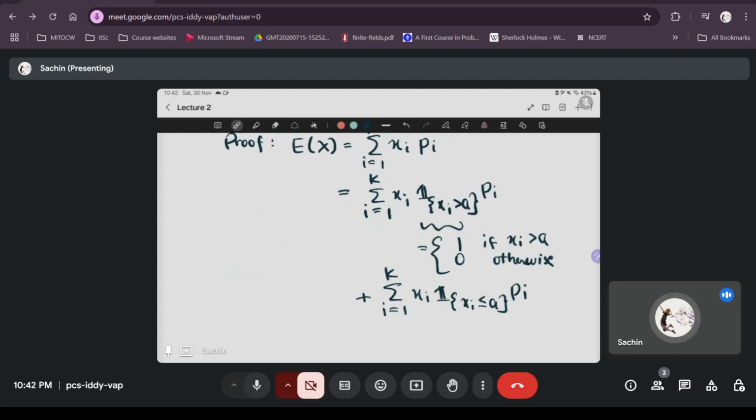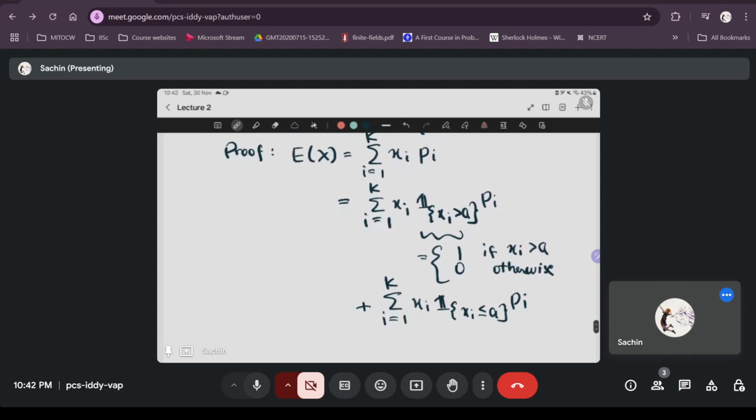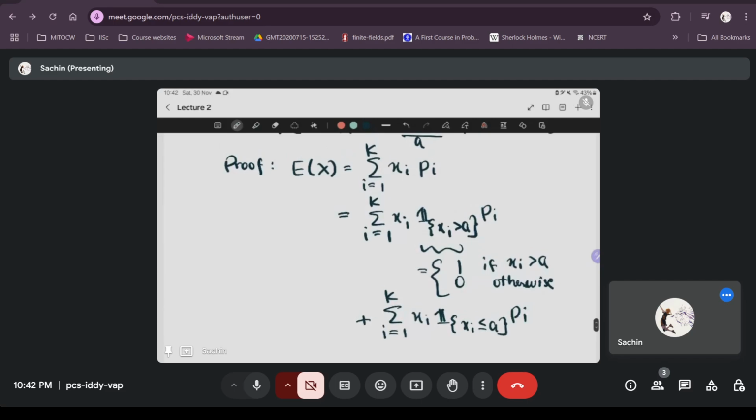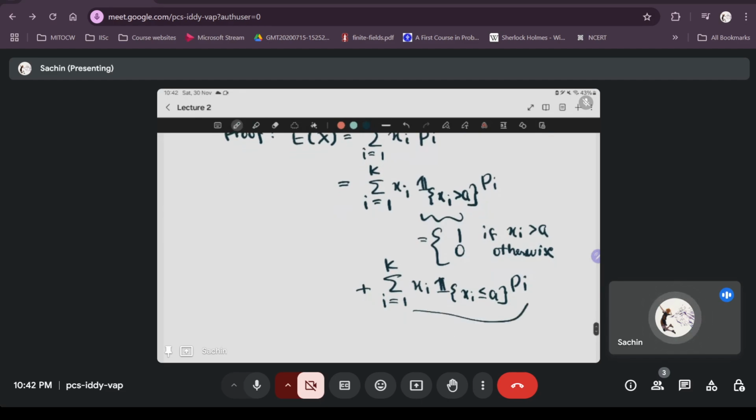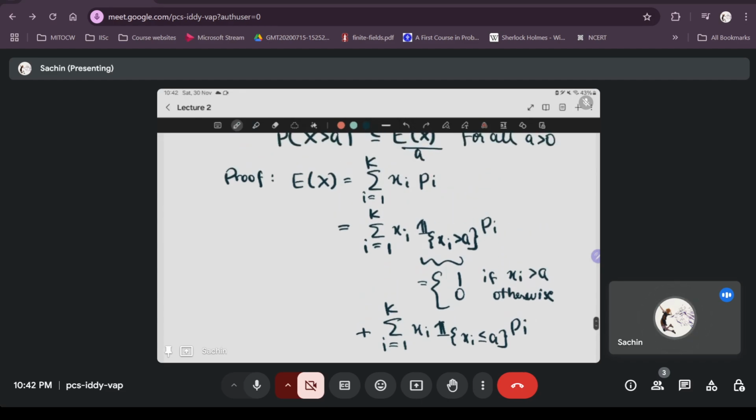You could split the sum into two parts like this. And then since it's a non-negative random variable, all the xi's are non-negative. Probabilities are also non-negative, and the indicator function is obviously non-negative. So if E of x is equal to the sum of two terms, then it's obviously greater than or equal to any one of the sums.